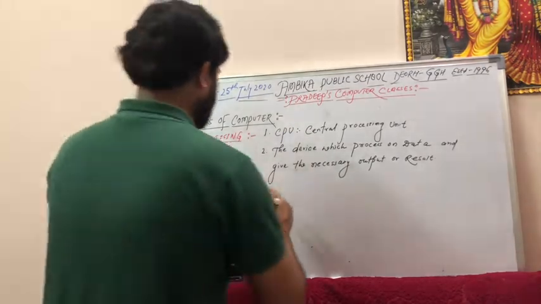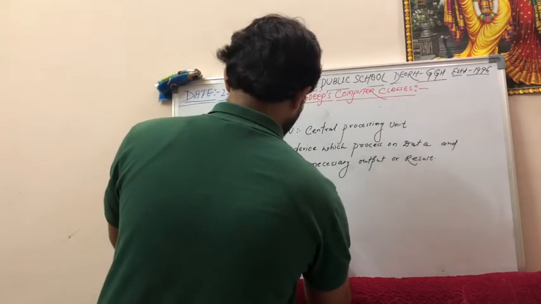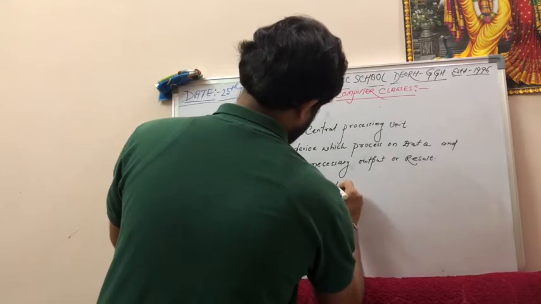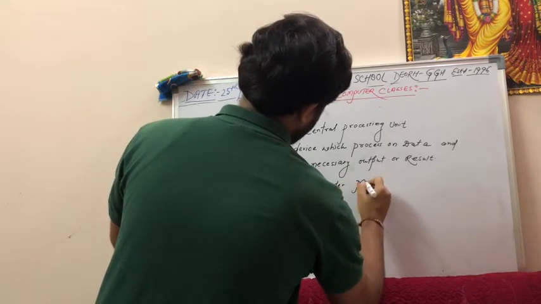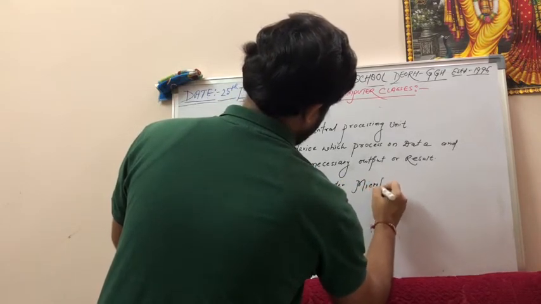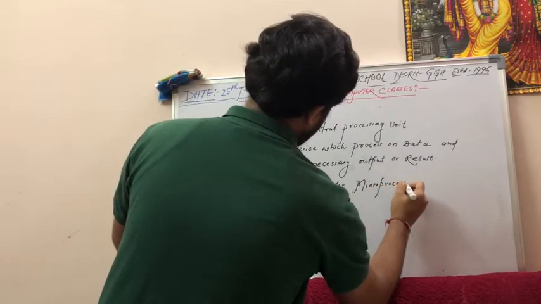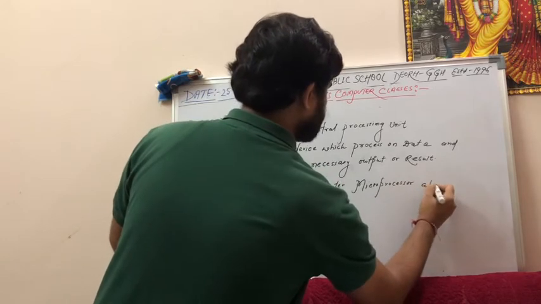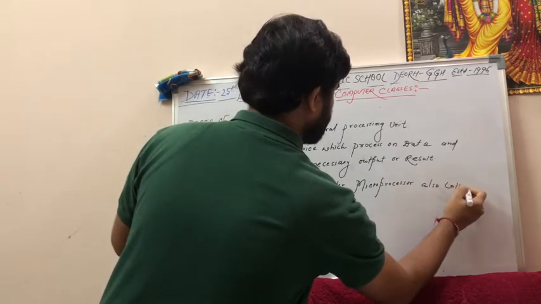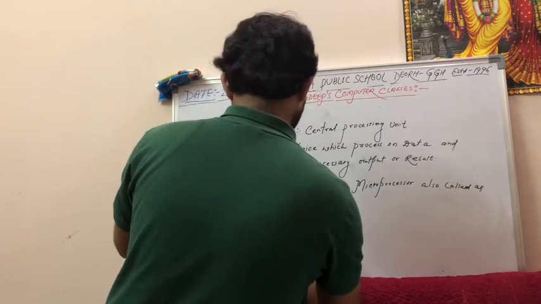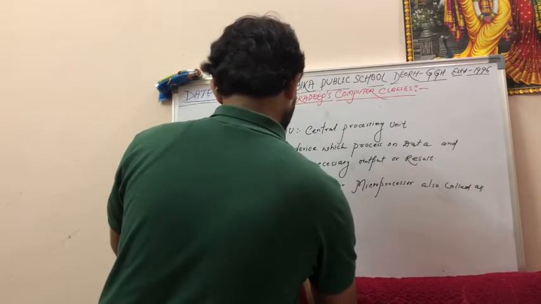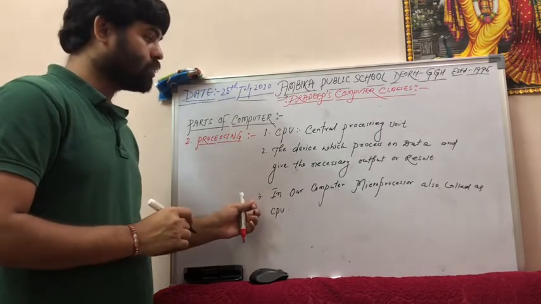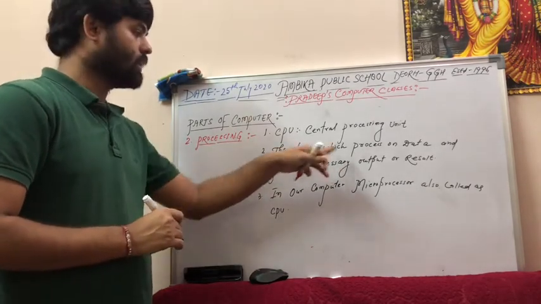So the microprocessor in our computer is also called CPU, which is responsible for doing the processing on the data.